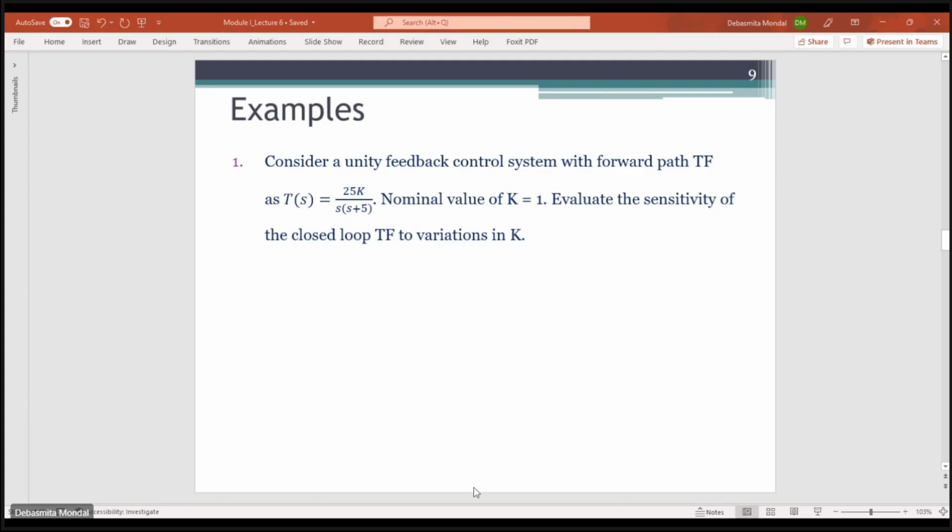Ma'am, we have a transfer function given to us of a system, and the nominal value of K is given. So the transfer function which is given, what kind of transfer function is it? Is it the open loop transfer function or the closed loop transfer function?